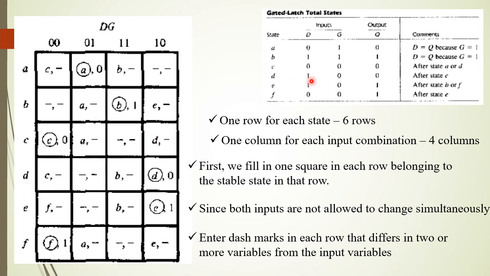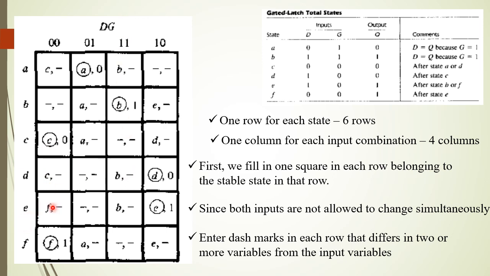D state value is 1, 0. So possible change in the state is either 0, 0 or 1, 1. 1, 1 is state B, 0, 0 is state C. So C and B are entered in the respective input column 0, 0 or 1, 1.